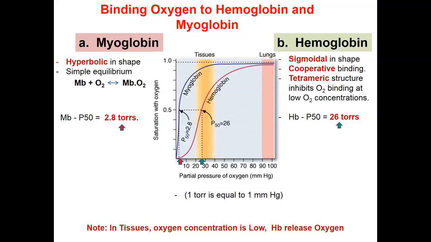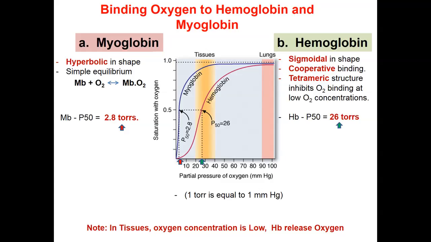About 50% of hemoglobins are bound. In the tissue, only 50% of hemoglobin will be bound to oxygen. That is the way hemoglobin can release oxygen to the tissue. You go to the lung where the oxygen is high, you pick it up. When it comes to the tissue, the concentration is low and you release it.